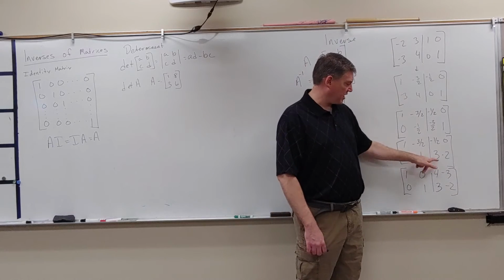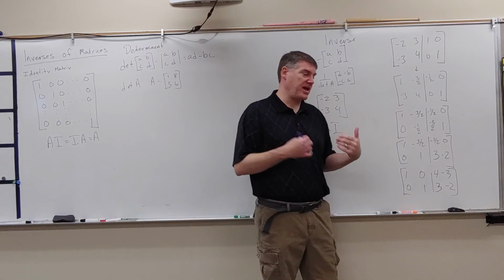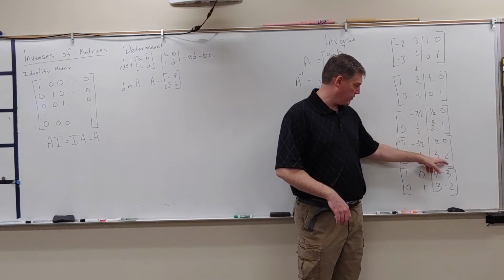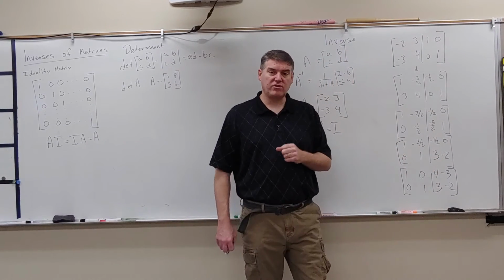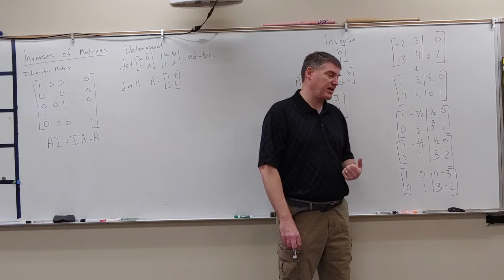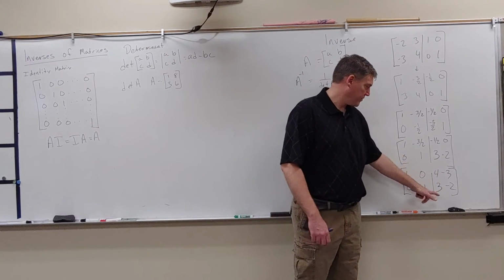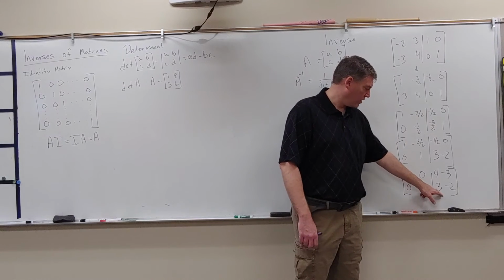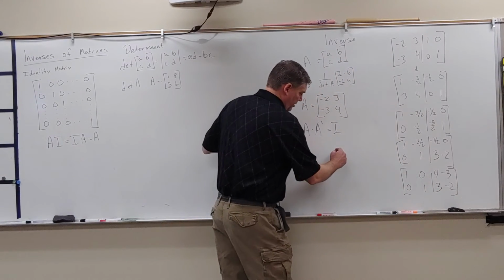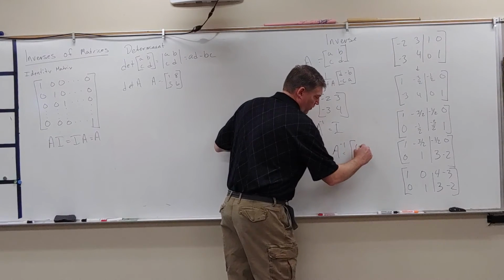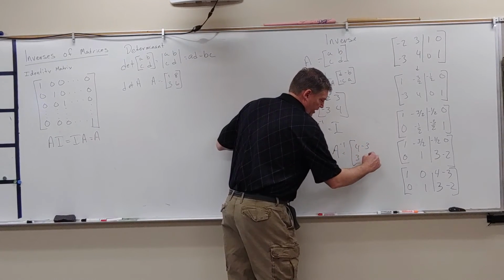So 3 halves times 3 is 9 halves. 9 halves minus half is 4 halves, which is 4. I multiply negative 2 by 3 halves. I get negative 6 halves, which gives me negative 3. And then I rewrite my second row. So this is my inverse here. A inverse is 4, negative 3, 3, negative 2.